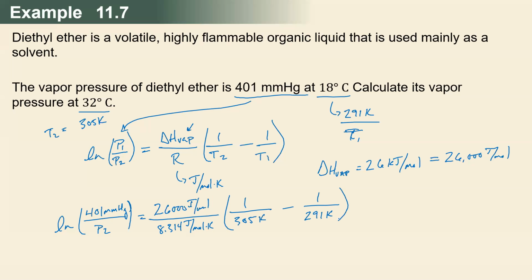Okay, got to do a little algebra. We're okay with this. 1 over 305 minus 1 over 291 times 26,000 divided by 8.314.